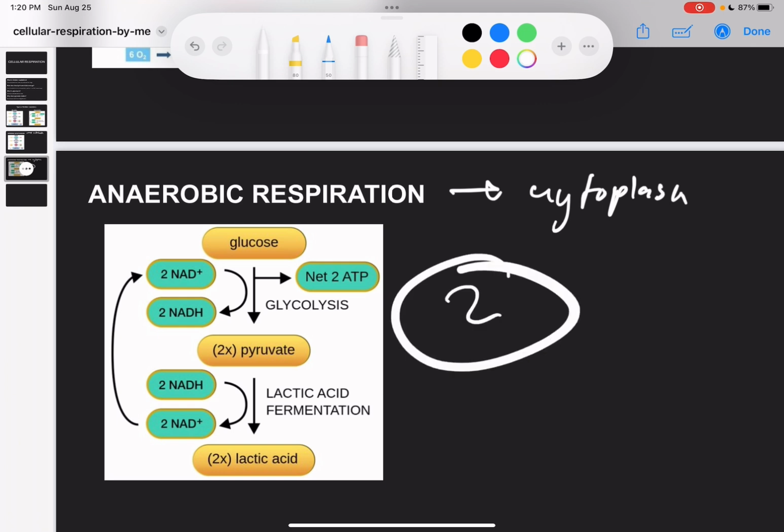It is that much worse than aerobic respiration. However, it remains necessary due to the simple fact that not all cells have a mitochondria that will allow for aerobic respiration and the Krebs cycle.